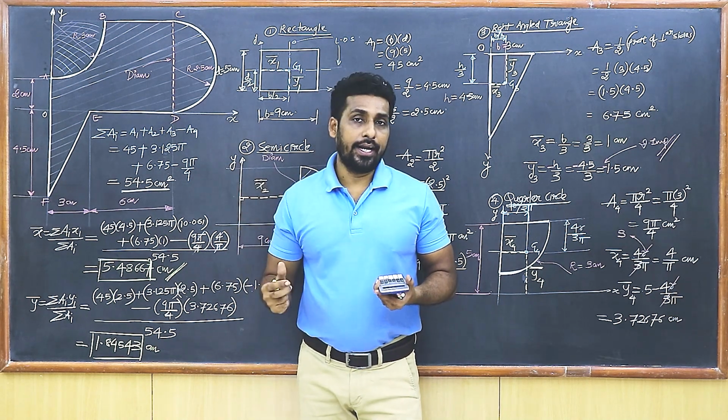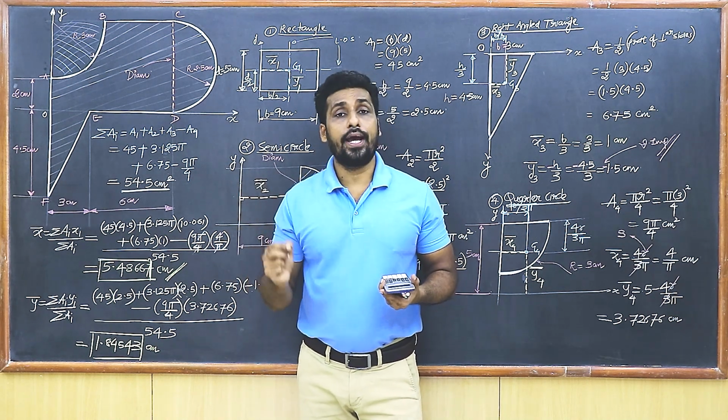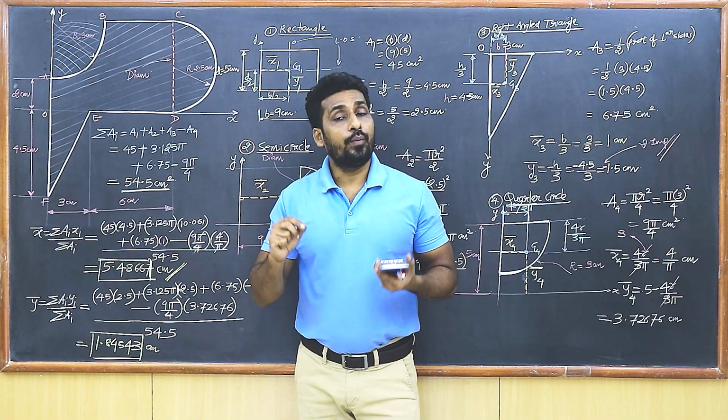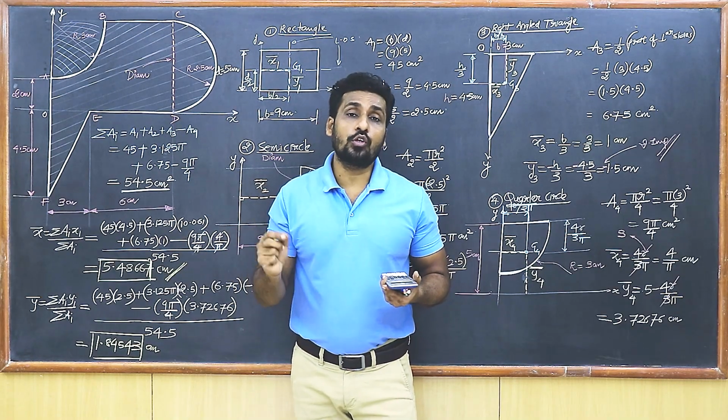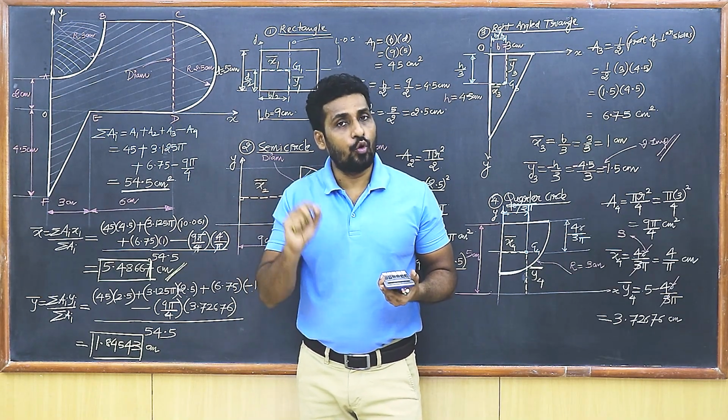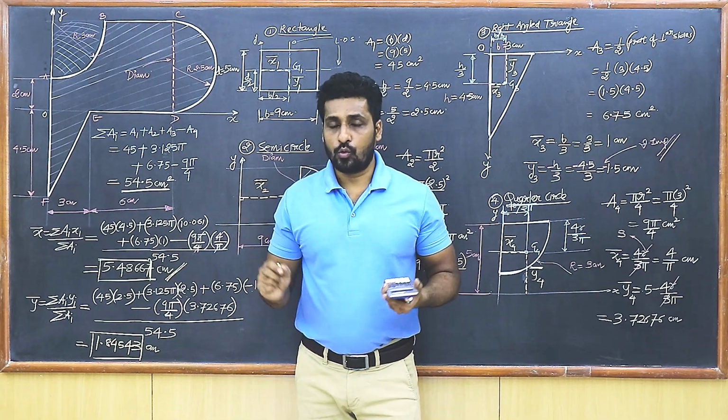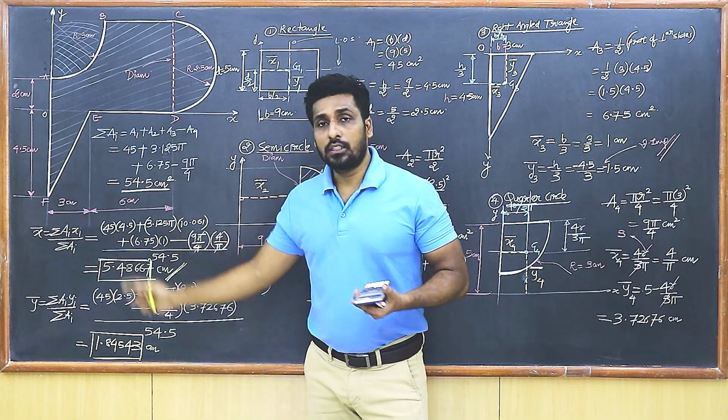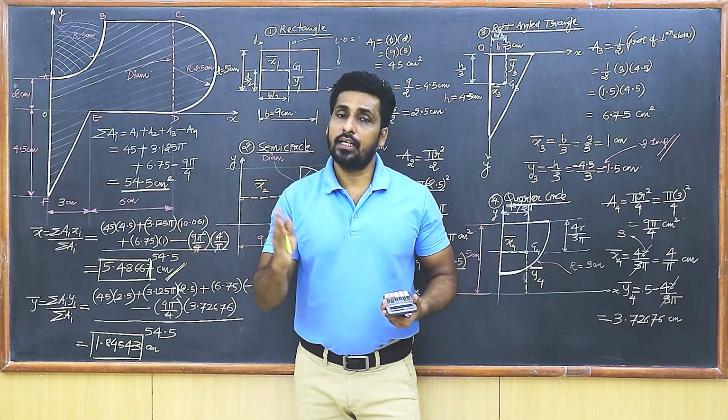Now we are going to move ahead with some more important questions where the entire diagram will not be in the first quadrant. We are going to make use of a concept called shift of origin to understand those particular questions. So students, that was all about this particular question. We are going to proceed ahead with the next question now.